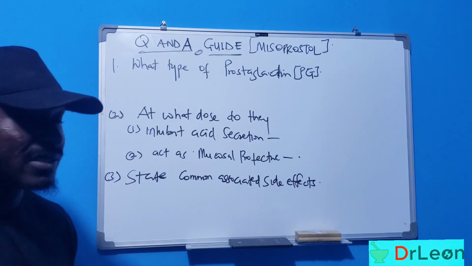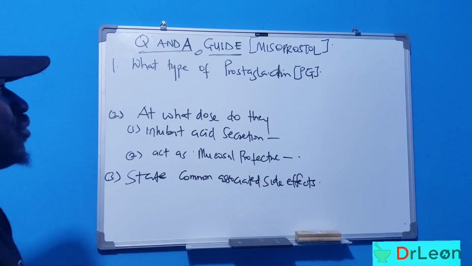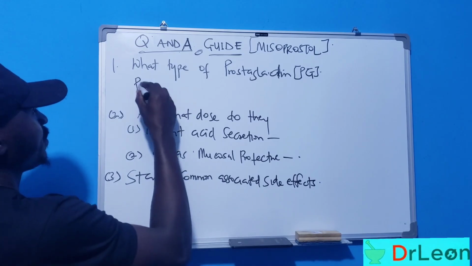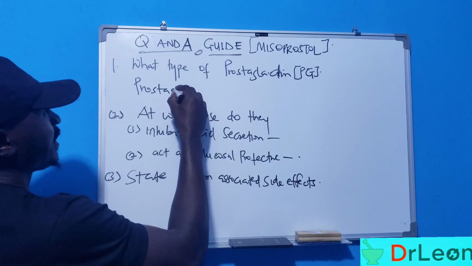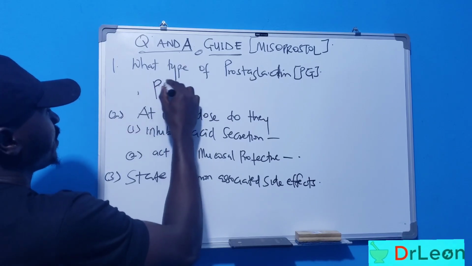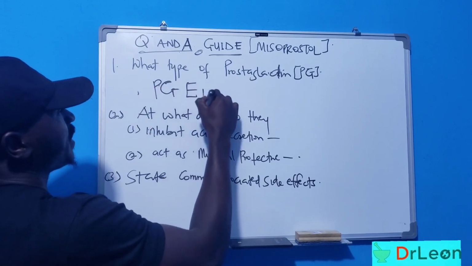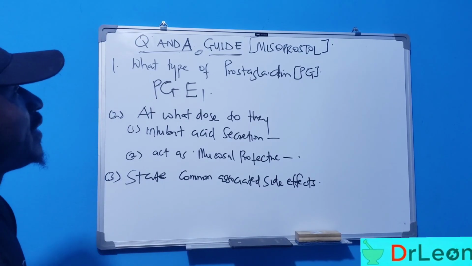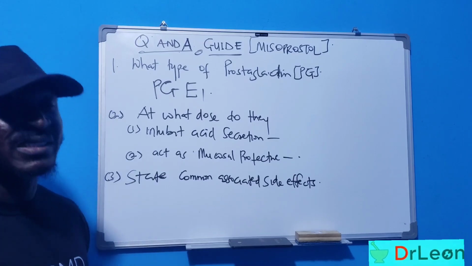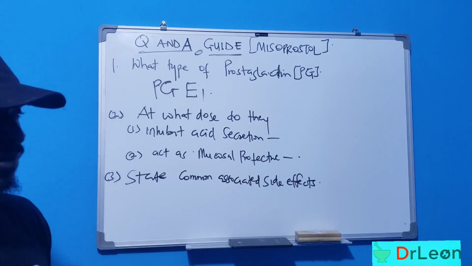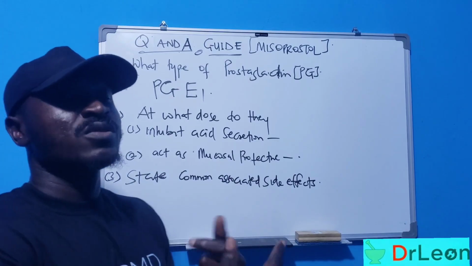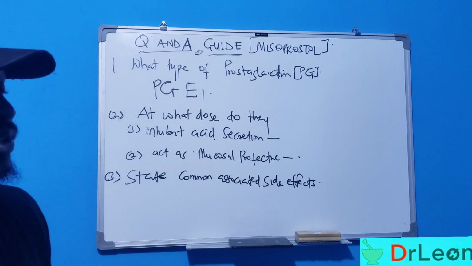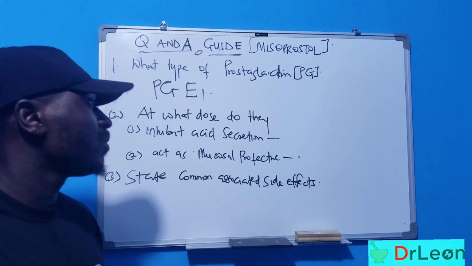So what type is that prostaglandin? So the type is prostaglandin E1. So Misoprostol is a prostaglandin E1, which is synthetically made to be similar to the useful prostaglandin that the body produces to protect the stomach mucosa.